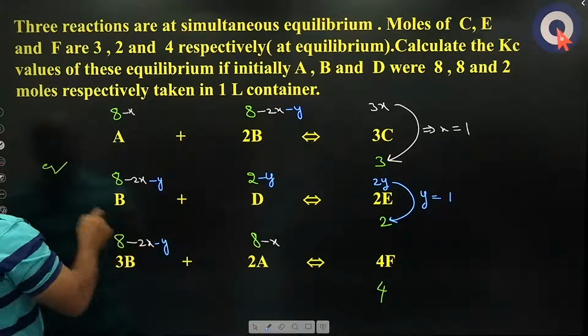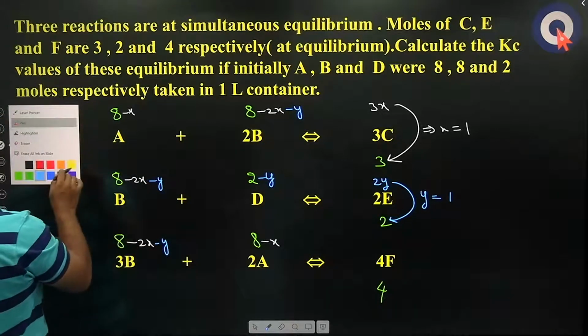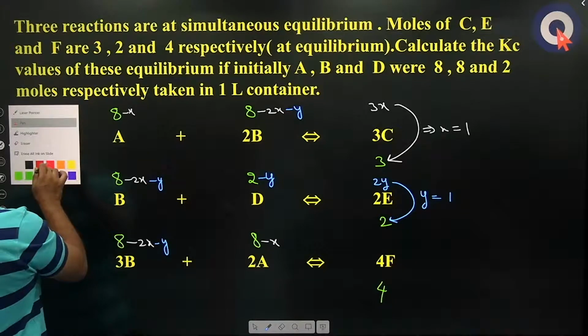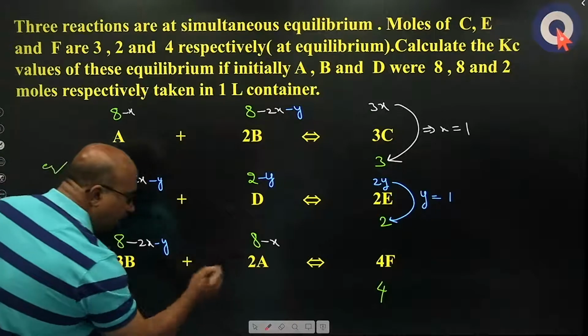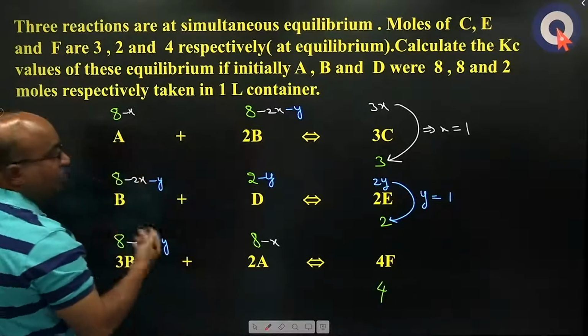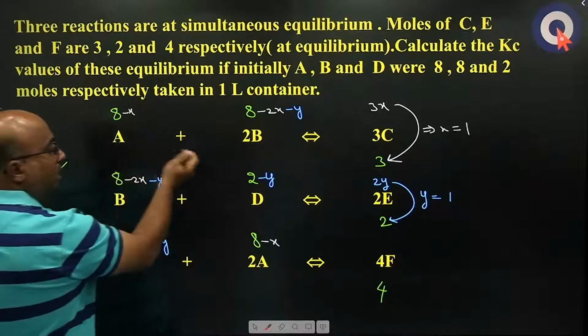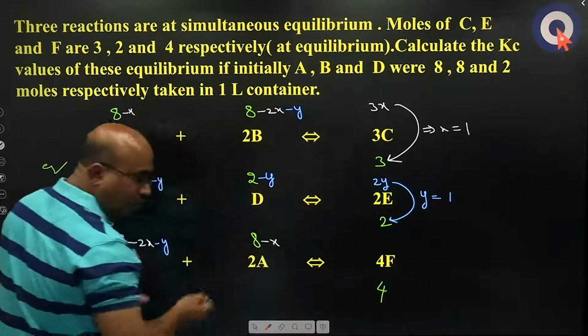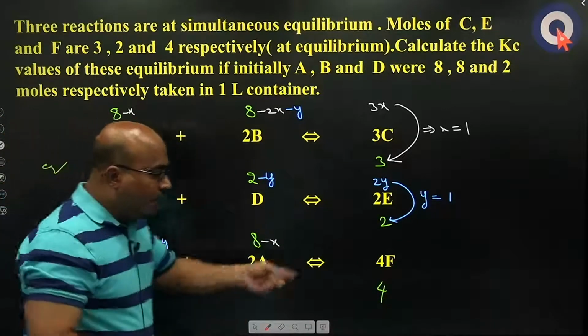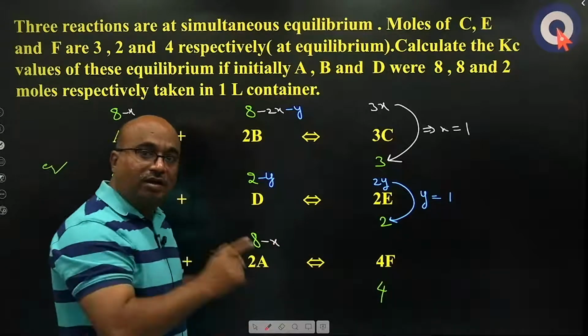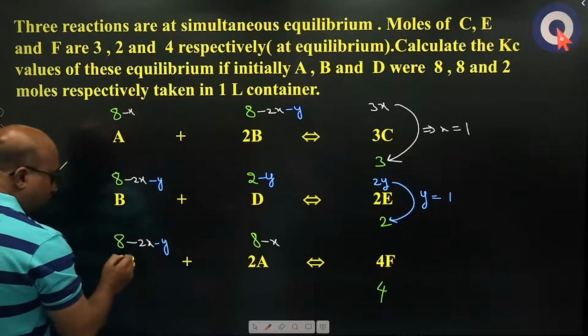Now coming to the third one. For this equilibrium, B and A again have to react. A and B are maintaining equilibrium with C, as well as with a different stoichiometry with F, another equilibrium. How much has to react here?